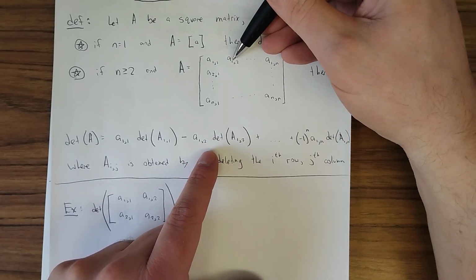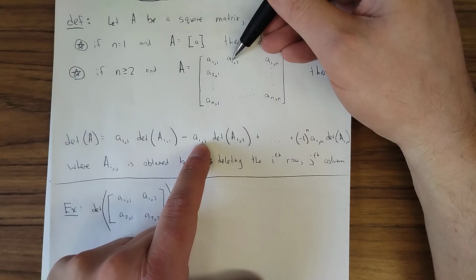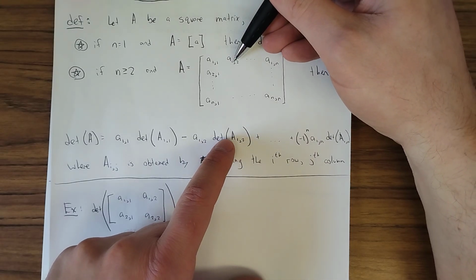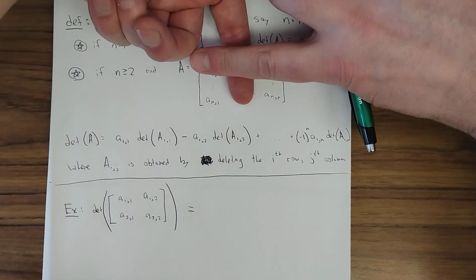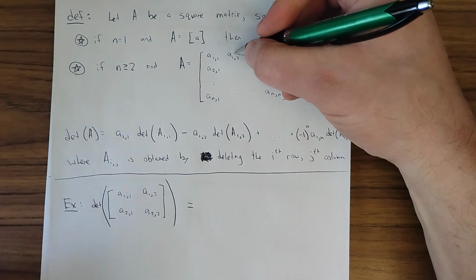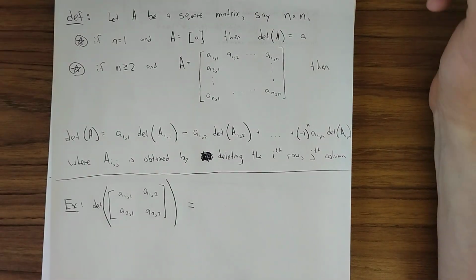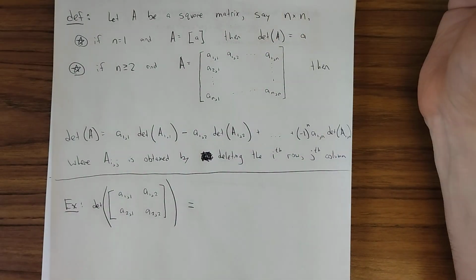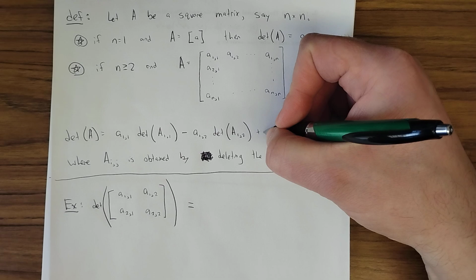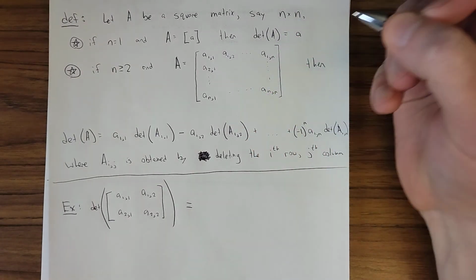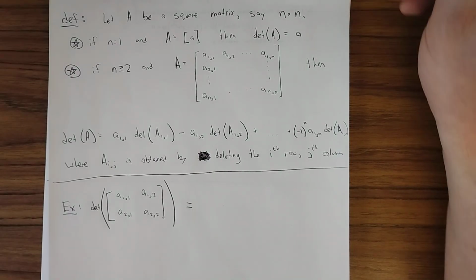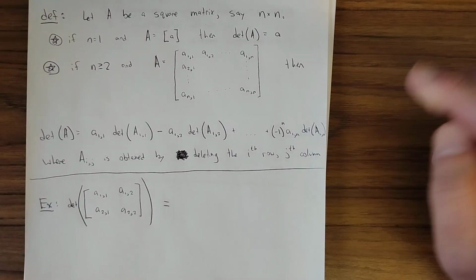The next thing I'm going to do is a sub 1, 2 times the determinant of the matrix that I get by covering up the row and the column containing a sub 1, 2. And I proceed. The next one would be little a sub 1, 3 times the determinant that I get by covering up that row and that column, and so on.